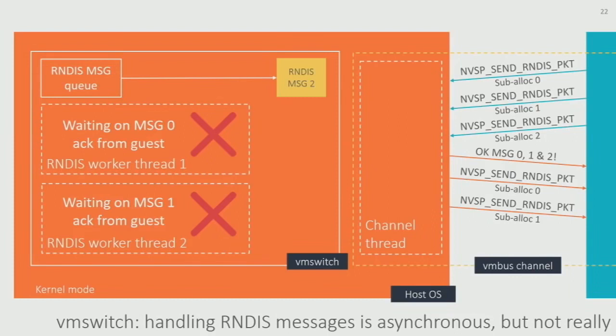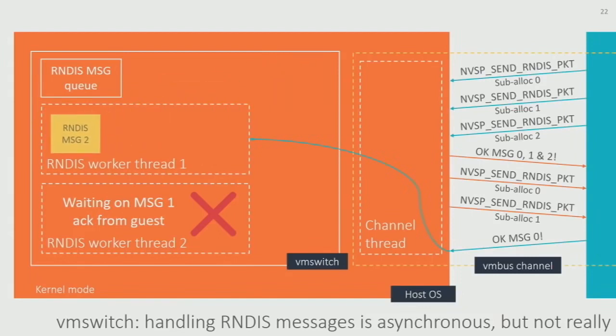So basically, unless the guest actually sends one of these acknowledgement messages, these worker threads are just going to be stuck. And once you do receive an acknowledgement message, it's not going to be stuck anymore. It's just going to keep handling message after message after message. The problem is, in our case, these acknowledgement messages have to be sent over the VM bus channel, which once again is completely serialized.